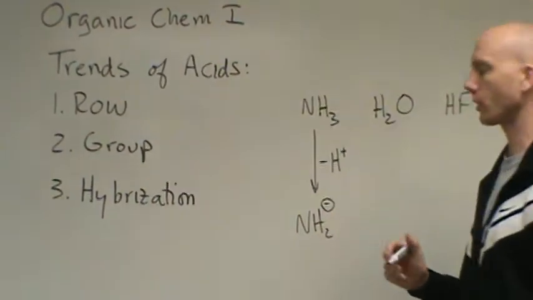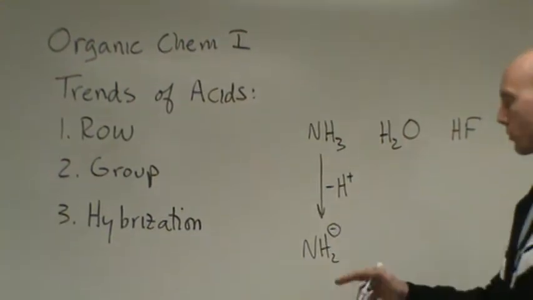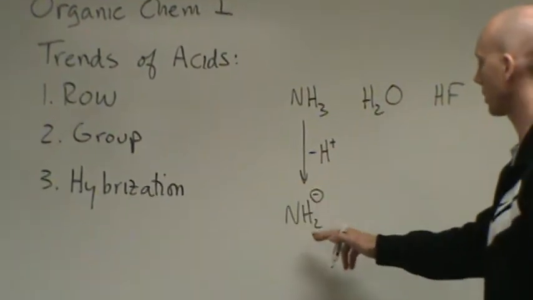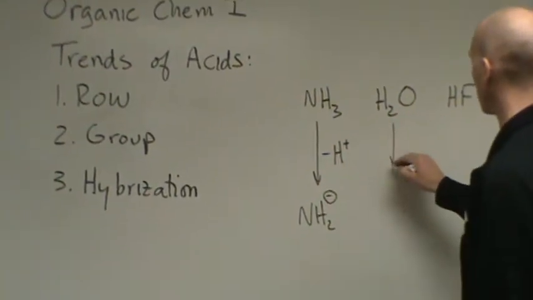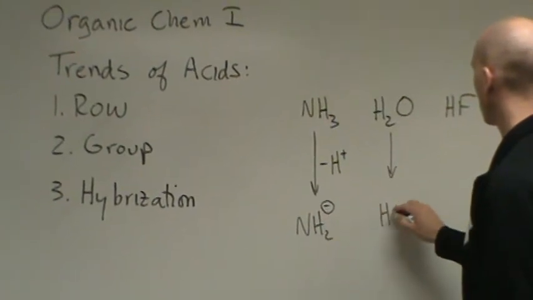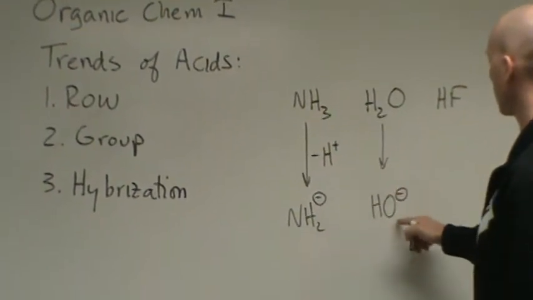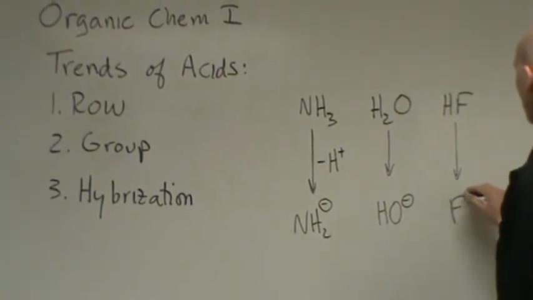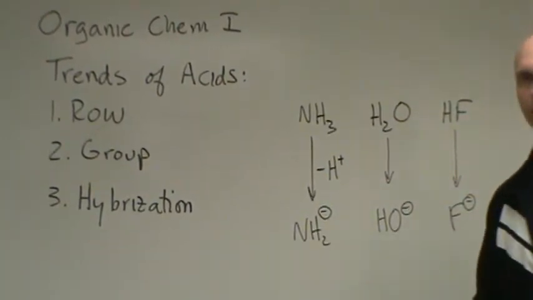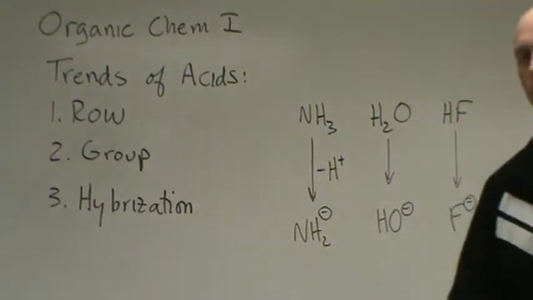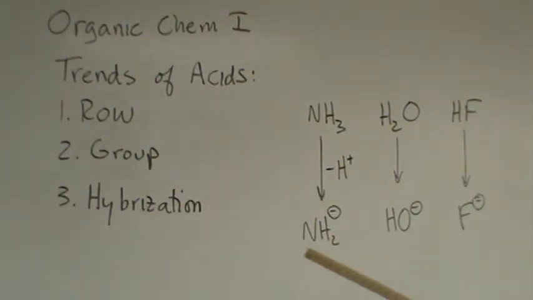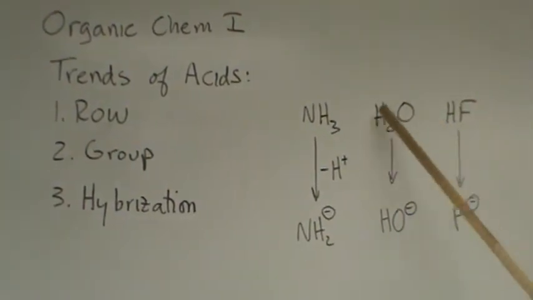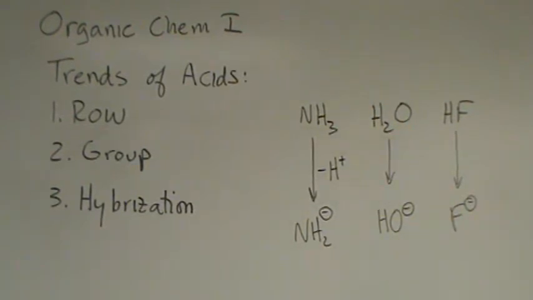By doing so, that will give us a negative charge for its conjugate base. So we get NH2 minus, OH minus, and then F minus.